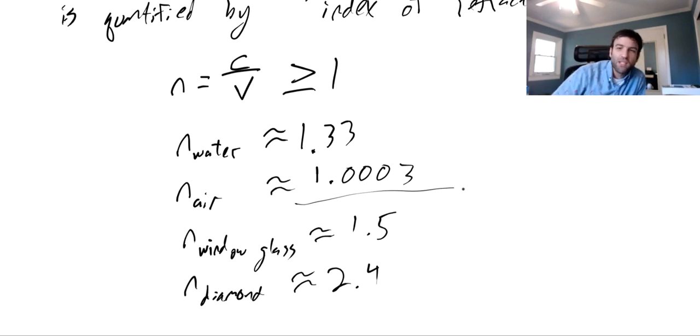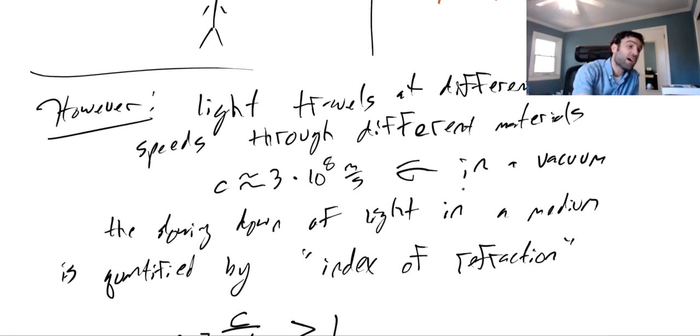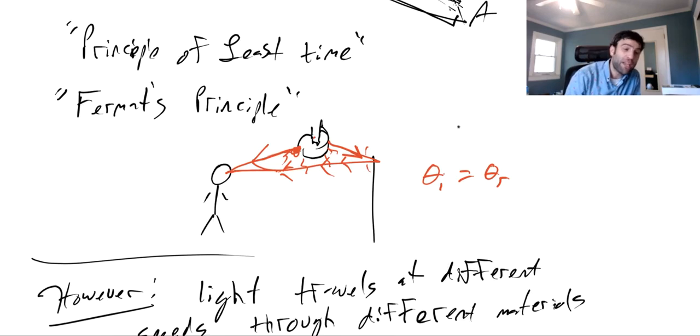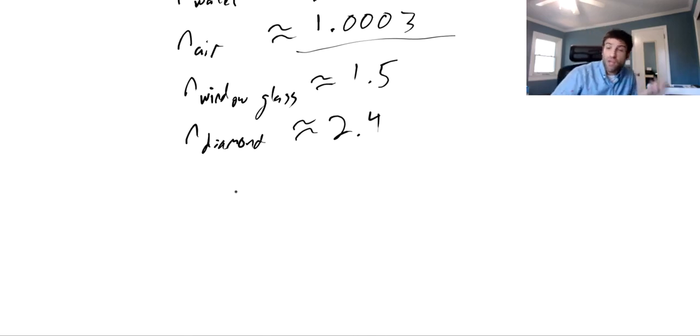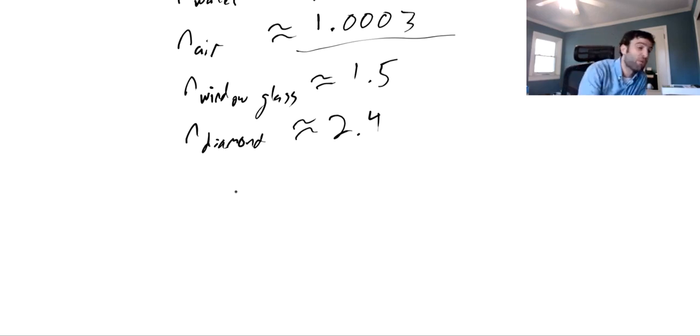Okay. So what we've just learned, on the one hand, is that light moves at different speeds through different materials, and I've told you that light obeys not a principle of shortest distance, but a principle of least time. So now we know that if light is traveling at different speeds through different materials, that means we can figure out what path a ray of light will take so that it actually minimizes the time in getting between any 2 points, right?